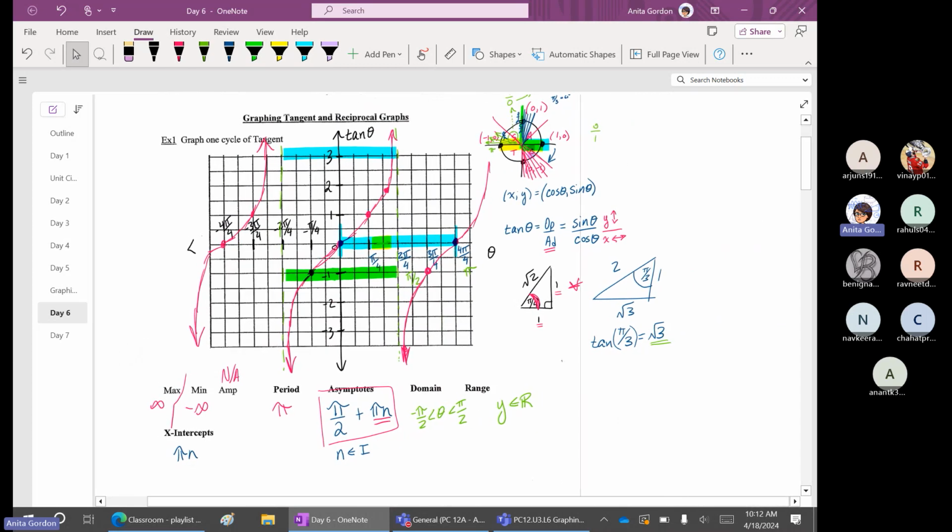Okay, so these are the key features you need to know. You need to know the general shape of a basic tangent graph. And we have time, so we're going to do the cheat sheet so you can study off of, and we're going to do the practice question without looking at it.